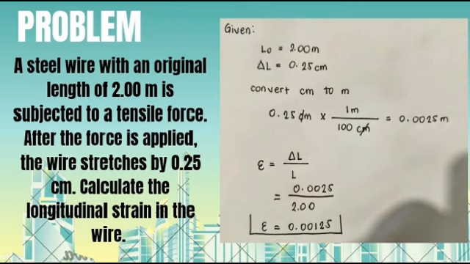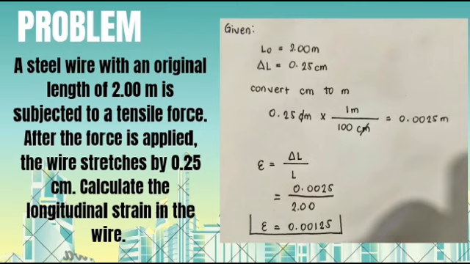The original length is 2.0 meters and the change of length is 0.25 centimeter. So as you can see, they have different units. So the change in length will be converting this into meters. So 0.25 centimeter is equal to 0.0025 meter.